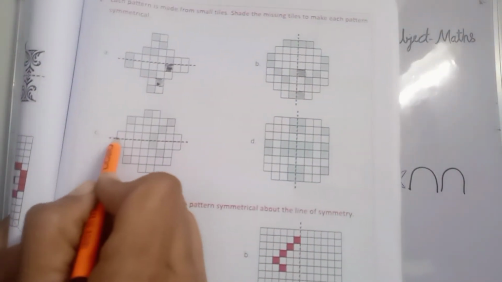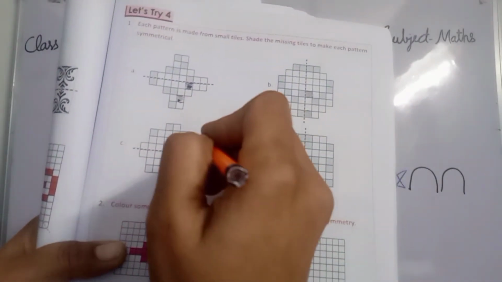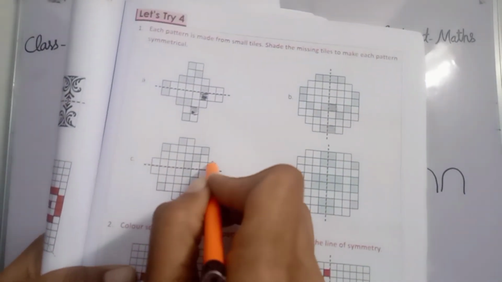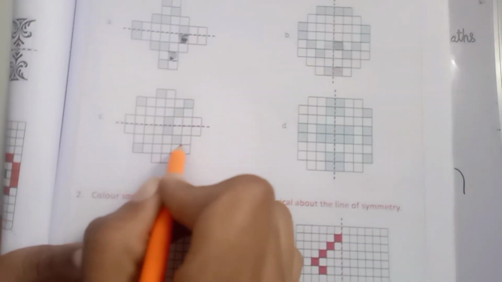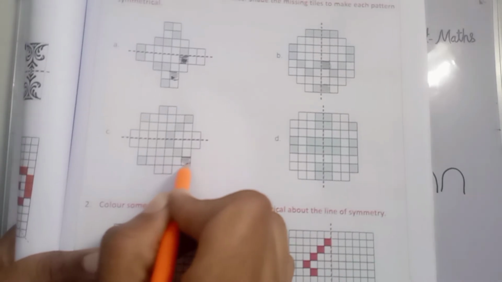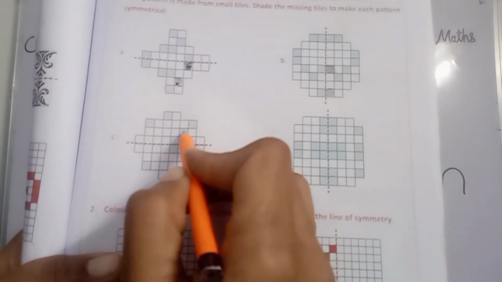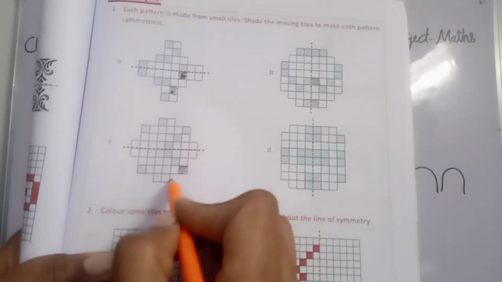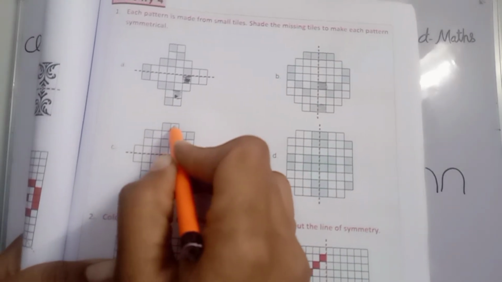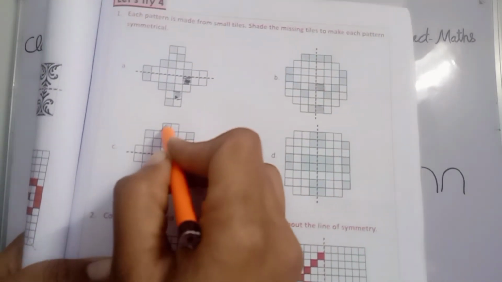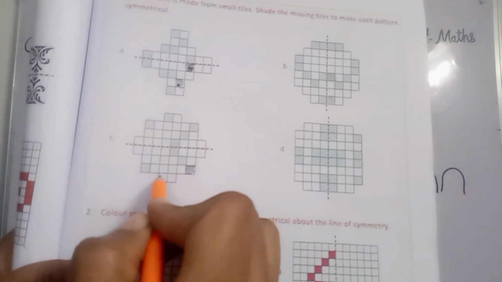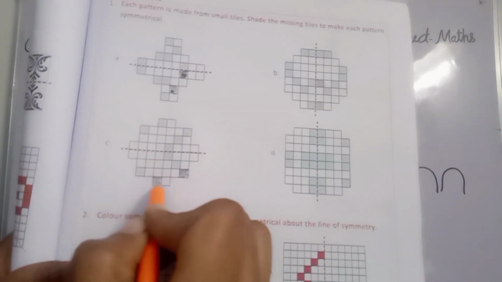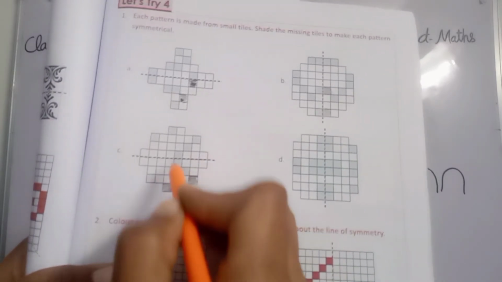Here also this is the line of symmetry, so this part should be similar to this. So we will check in this way. Both are empty. Here one is filled, but here nothing is filled, so we have to fill here. Now both in this row similar, this row is also similar, this row is not similar to this because this tile is colored but this is not colored, so we have to color this to make it similar.